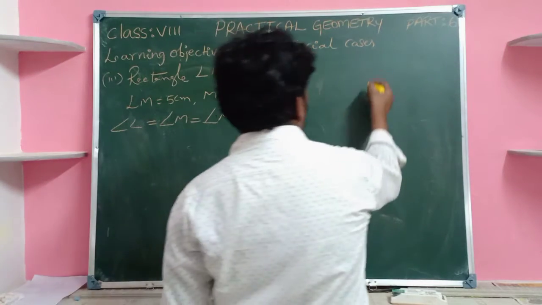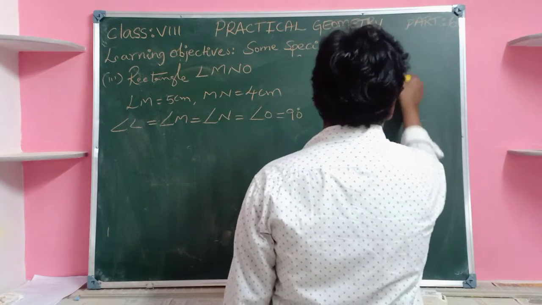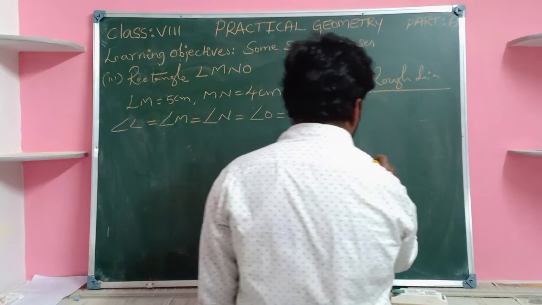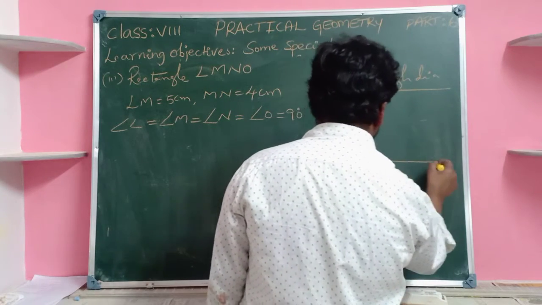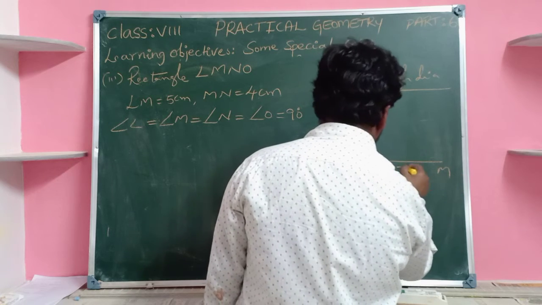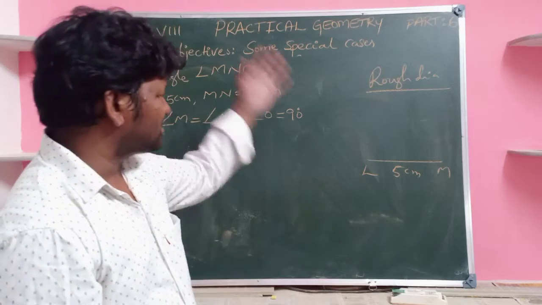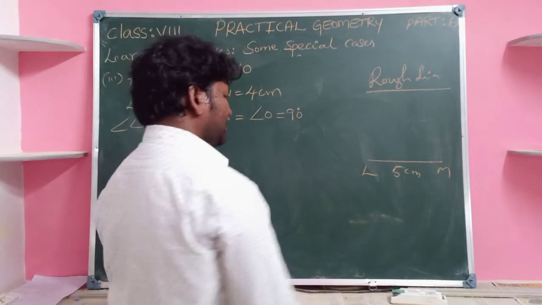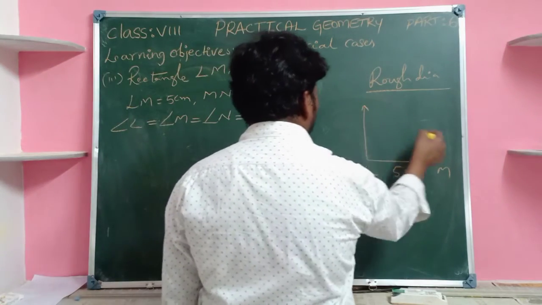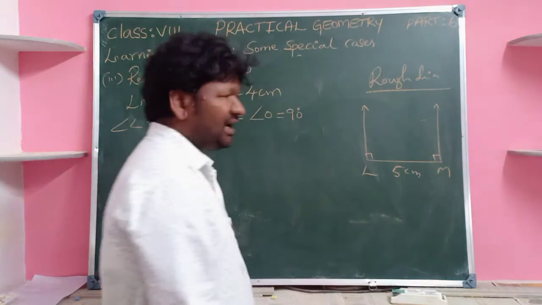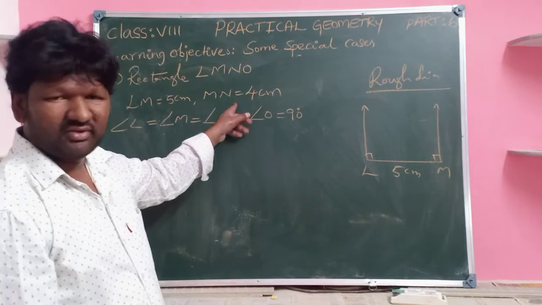See the rough diagram. Take LM as a base, 5 centimeter. Then what is the next step? Construct angle L equal to 90 and angle M equal to 90 degrees. Then MN is 4 centimeter.